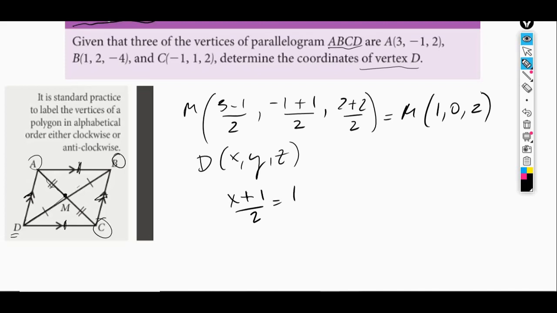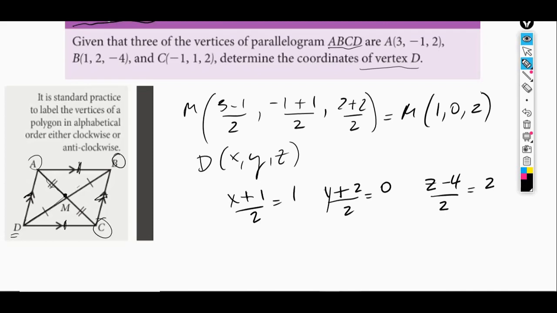Then we know that y plus 2 divided by 2 should equal 0. And finally, we know that z minus 4 divided by 2 should equal 2.